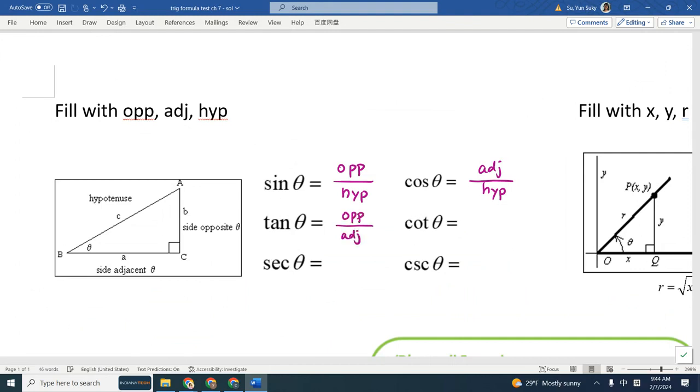Cotangent, Zach. Secant, Jeremy. Good. Yes, it's the reciprocal of cosine. And Sophie, cosecant. Yes, that's the reciprocal of sine. Did everybody finish this part?